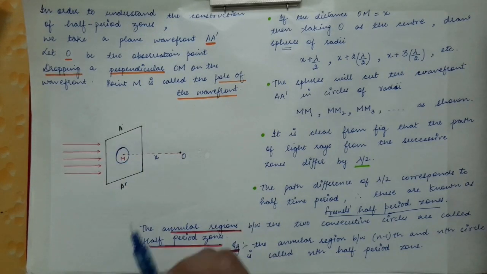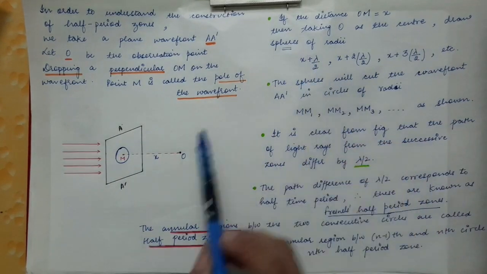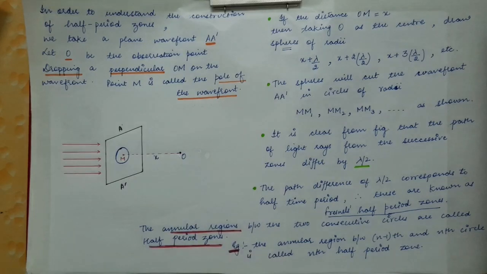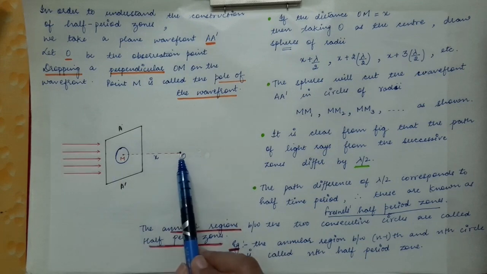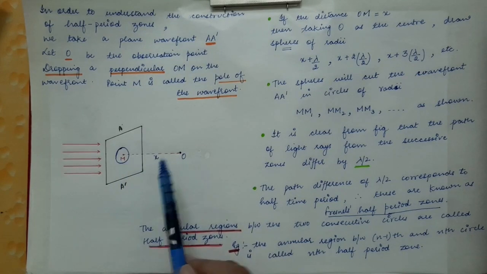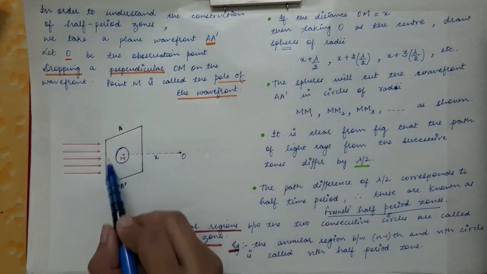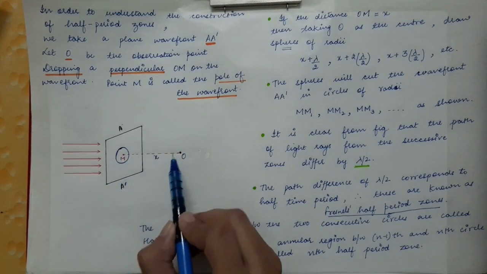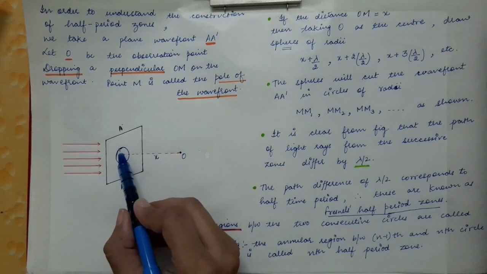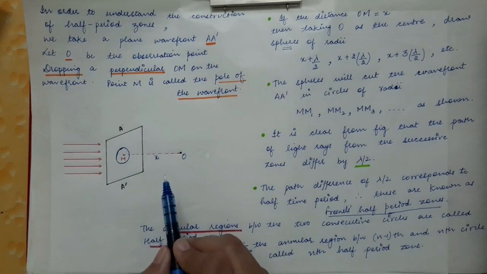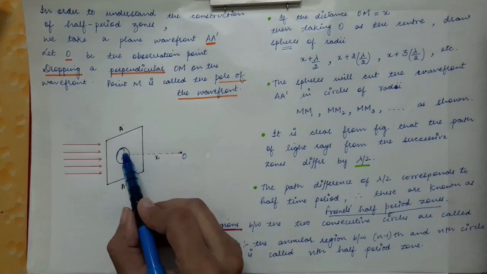Keeping O as the center, its radius will be greater than x because we are drawing a sphere of radius x plus lambda by 2. That sphere will intersect the plane wavefront AA prime, and the intersection will be a circle.